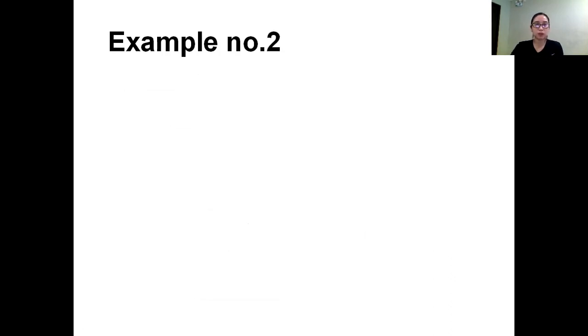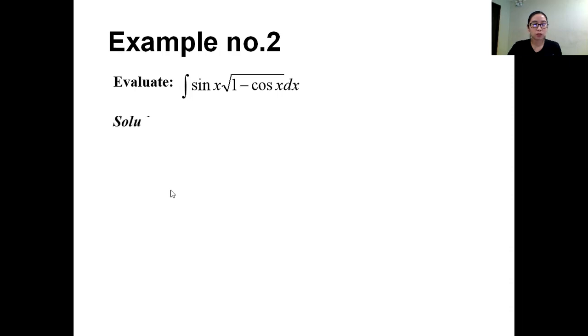So, our example number 2: evaluate the integral of sine x square root of 1 minus cosine x dx. For the solution, let u be equal to 1 minus cos x. Then the derivative of that is sine x dx. Okay, the derivative of negative cos x is positive sine x dx.